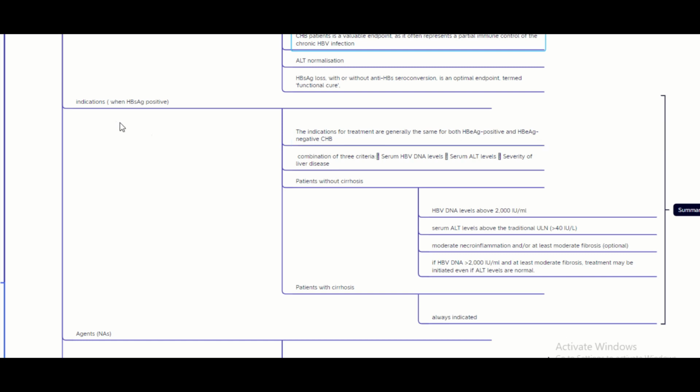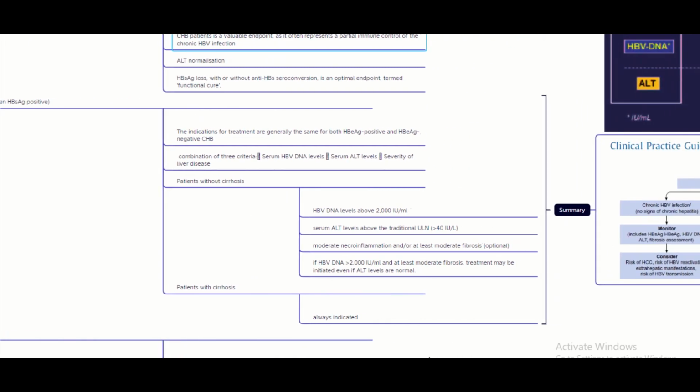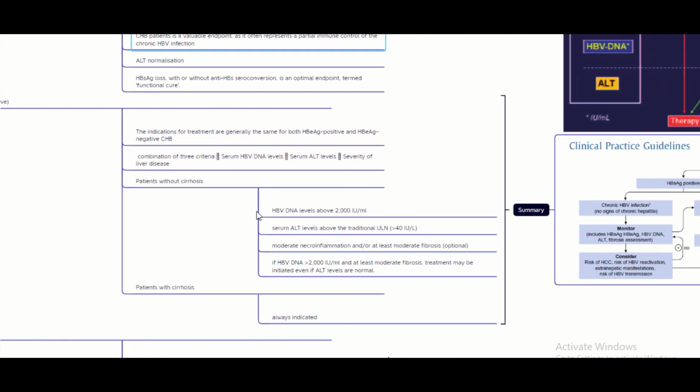The first criteria are the serum HBV DNA level, the ALT level, and the severity of the disease. Here in the table, we will have an explanation.